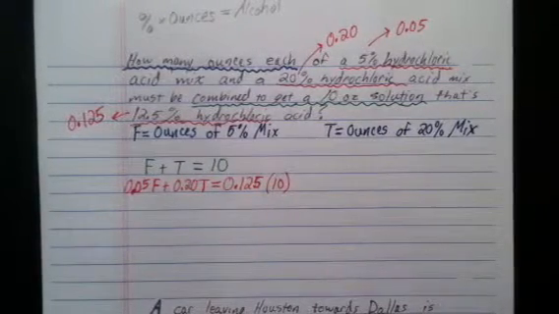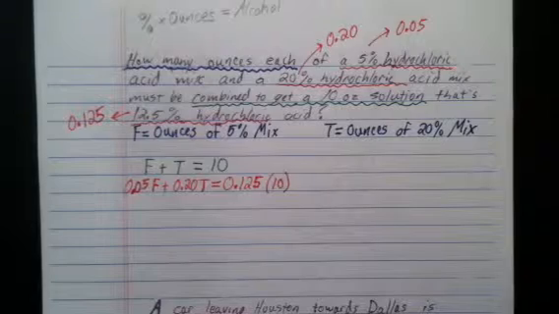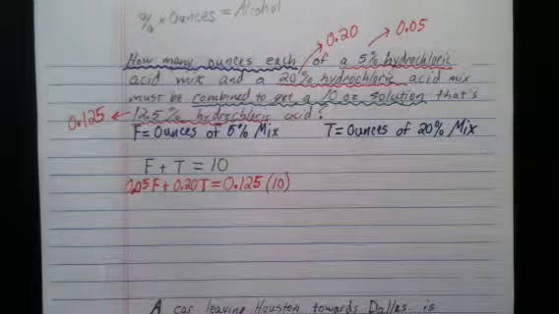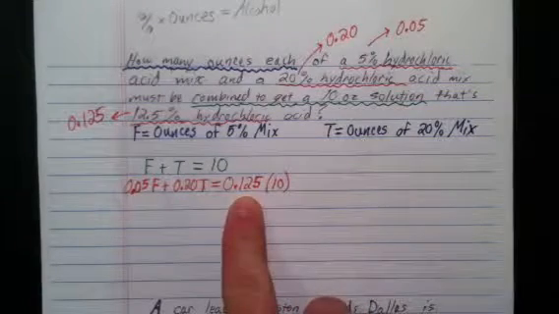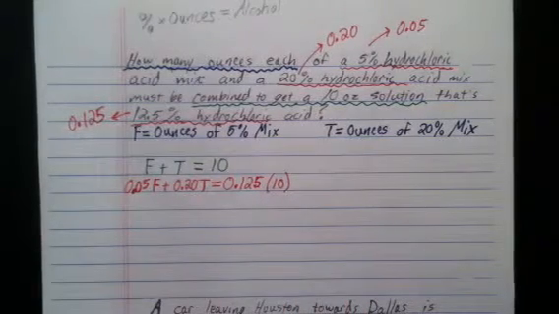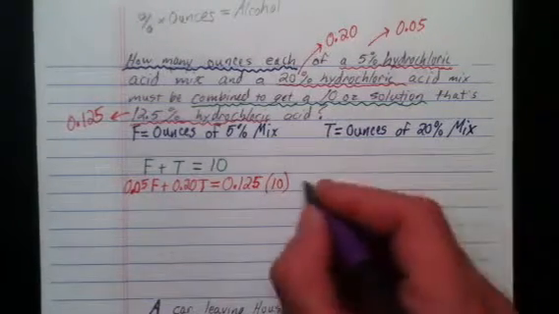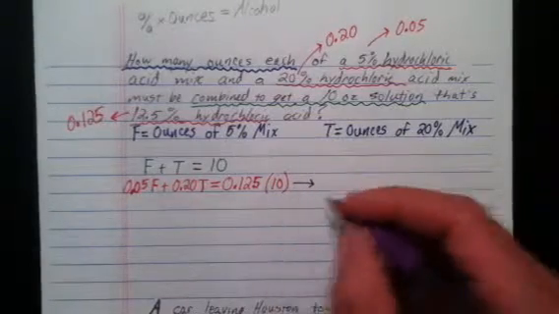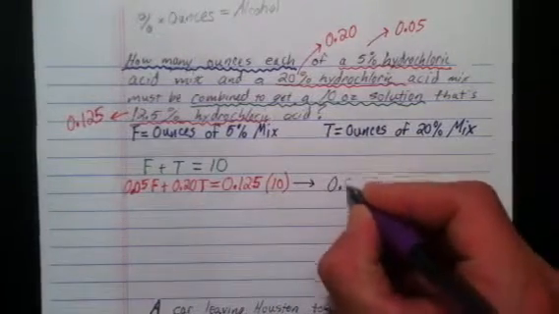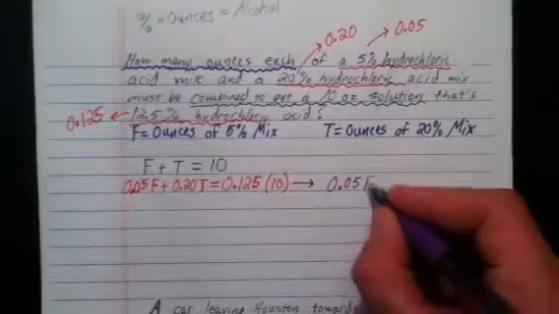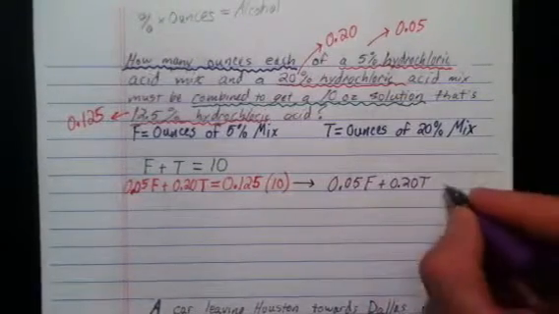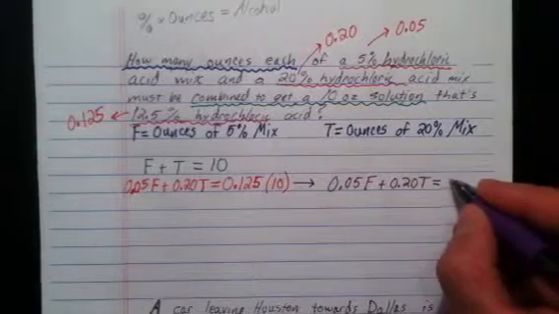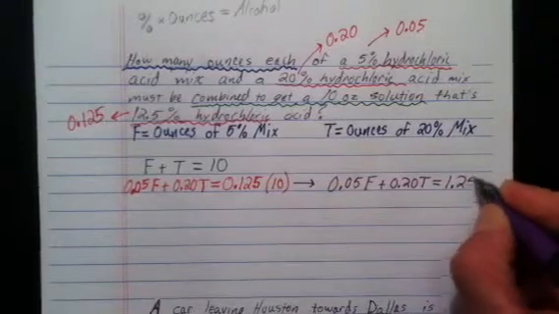So we can go ahead and multiply the 10 times 0.125, which gives us 0.05F plus 0.20T equals 1.25.